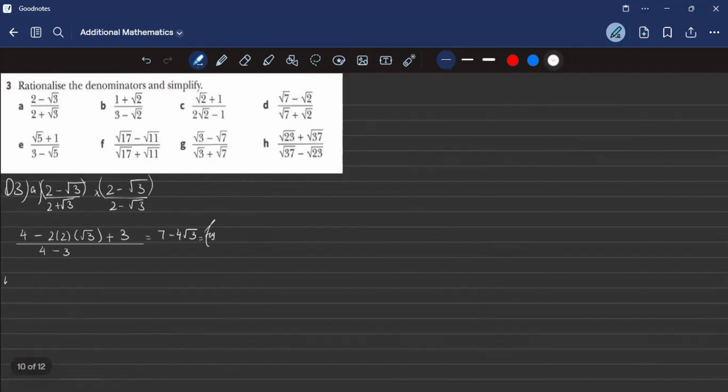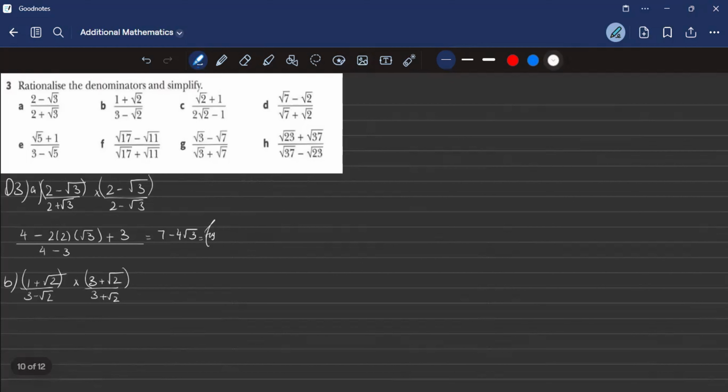For part B, we have (1 plus under root 2) divided by (3 minus under root 2). Now again, the same thing repeated, multiplied by the conjugate surd, which is 3 plus under root 2, and divided by the conjugate surd, which is 3 plus under root 2. Now, I'm going to use the FOIL method to multiply the upper values.